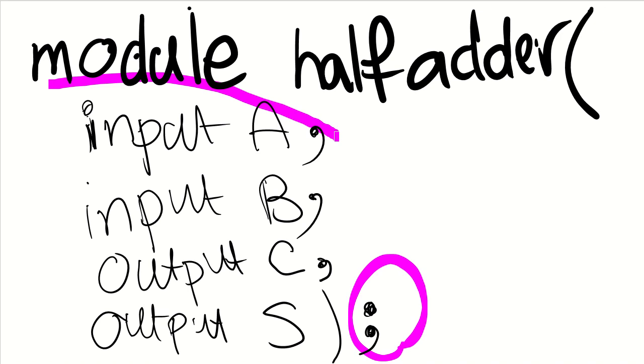Now, how about a 4-bit adder? What I'm trying to say is that here you have one input. How about when I have, for example, 4 A's and 4 B's.